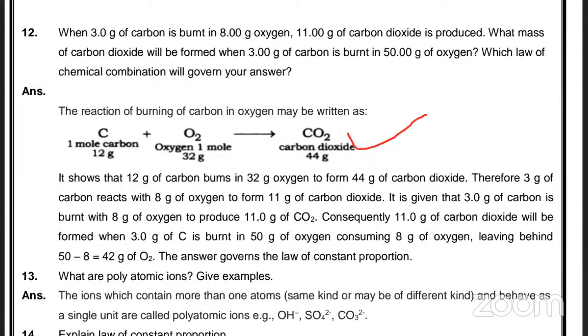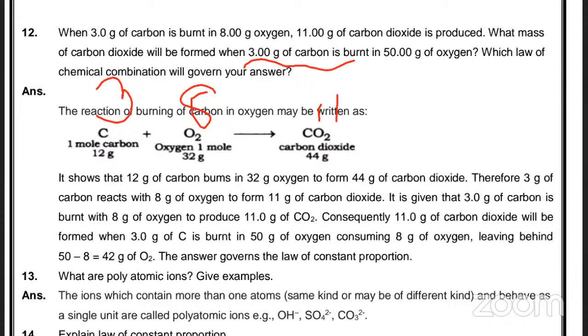So Advay, if we divide this by 4, what do you get? Sir, 3, 8 and 11. Yes, 3, 8 and 11. So I can say that 3 grams of carbon burns with 8 grams of oxygen to form 11 grams of carbon dioxide.